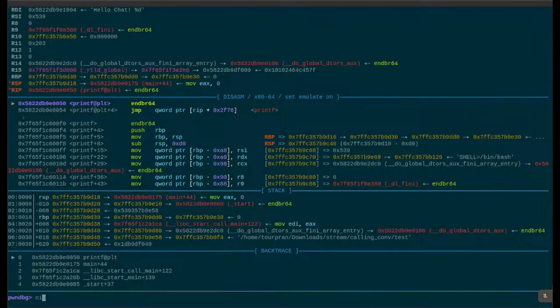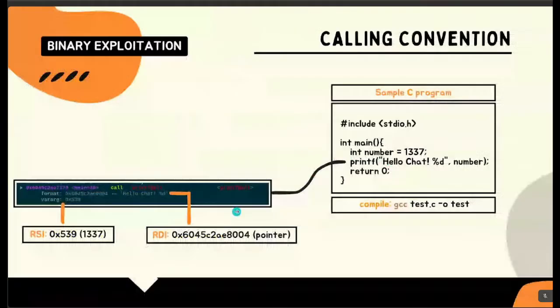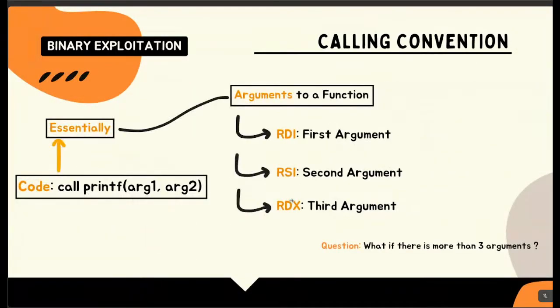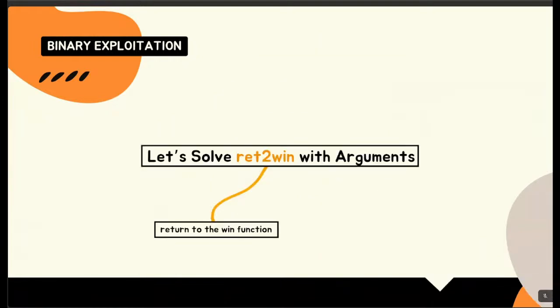So that is basically calling convention. To simply put it, you just have to know the arguments to a function. When you call printf with argument 1 and argument 2, RDI takes your first argument, RSI takes your second argument, and RDX takes your third argument. Now, if anyone's watching the stream right now, what if there are more than 3 arguments? You can, of course, Google it and say what you want in the chat.